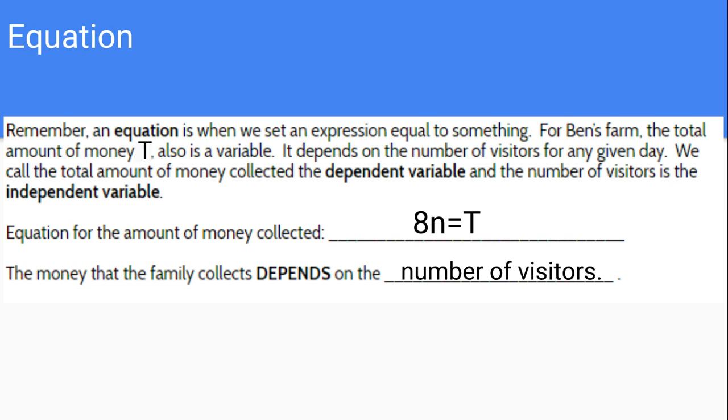So the equation for the amount of money collected is 8N equal to T. The money that the family collects depends on the number of visitors that come to their corn maze. All right, does that make sense?